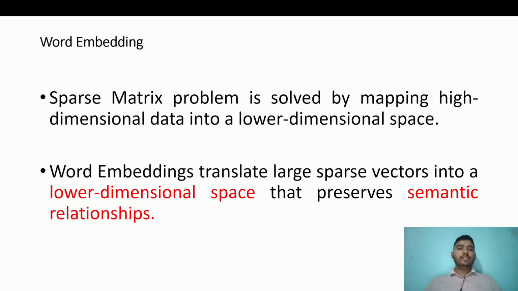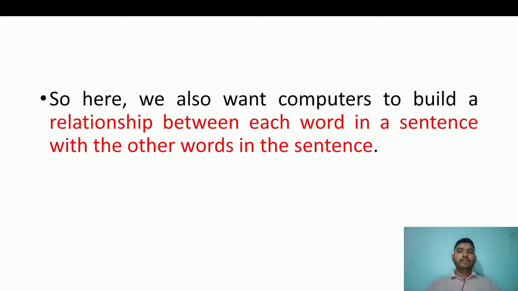Word embedding translates large sparse vectors into a lower dimensional space that preserves semantic relationships. Word embedding is also useful for preserving semantic as well as syntactic relationships between the words while we are converting them into the feature representation, or we can say vector form.